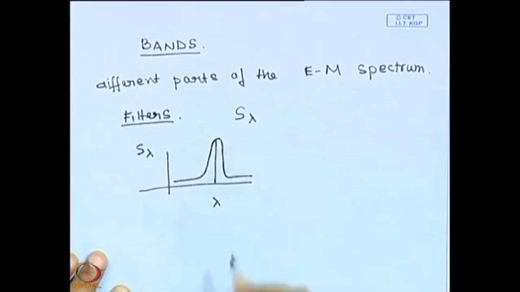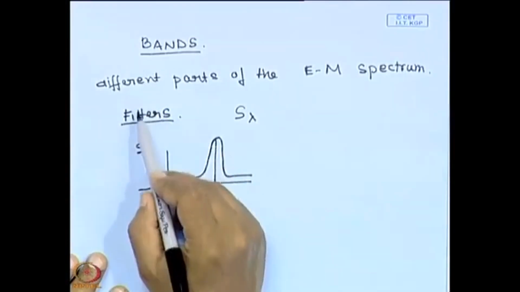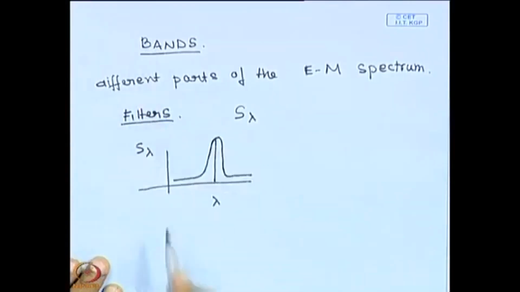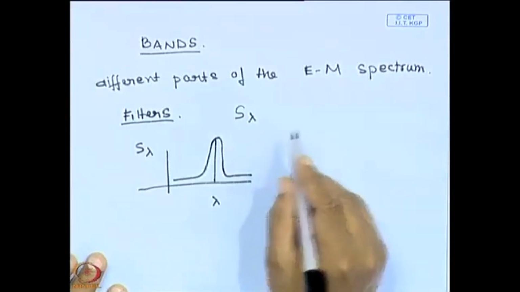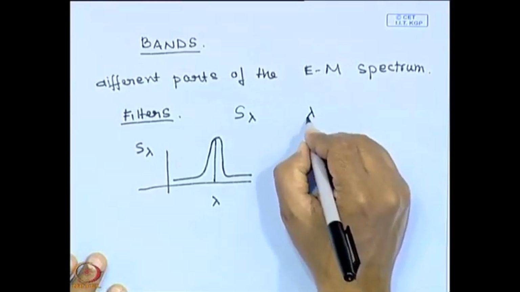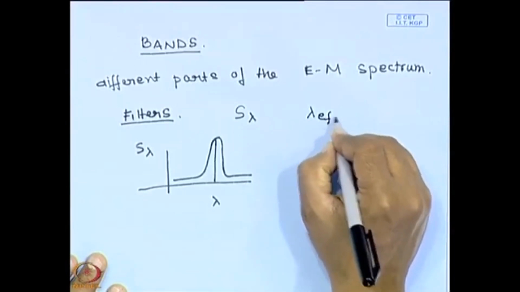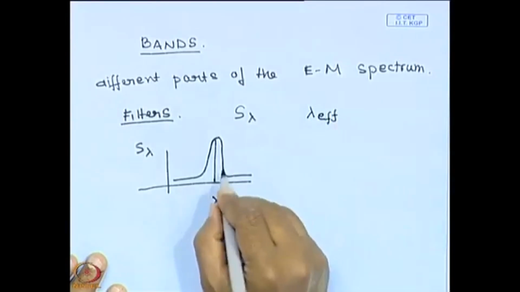Okay. Each filter defines the band, and each filter is specified by telling the effective wavelength. So, this is the effective wavelength, lambda effective.